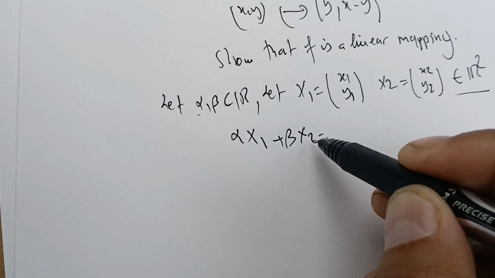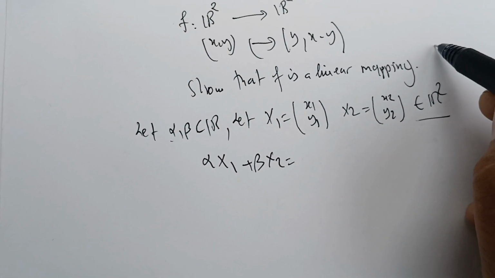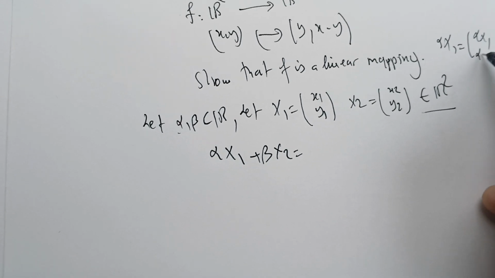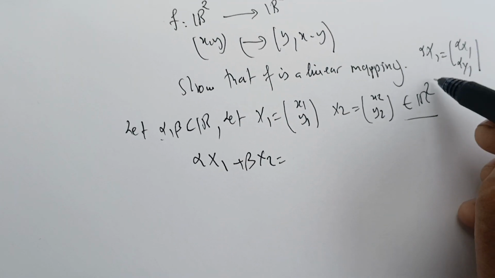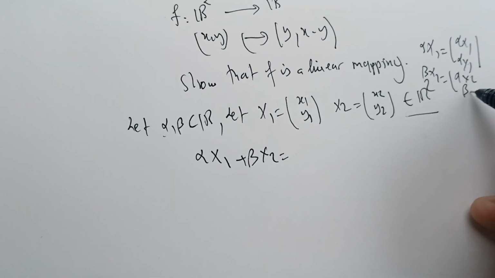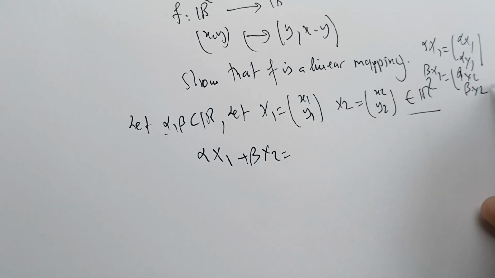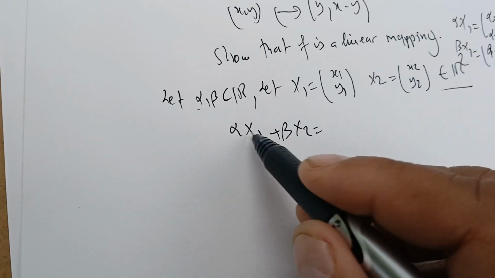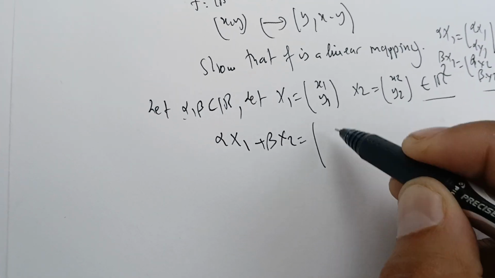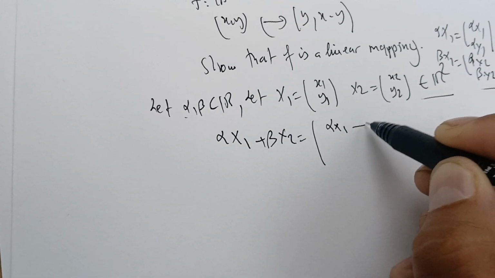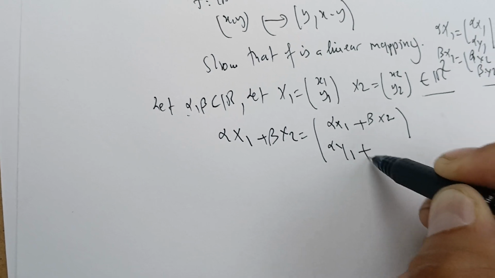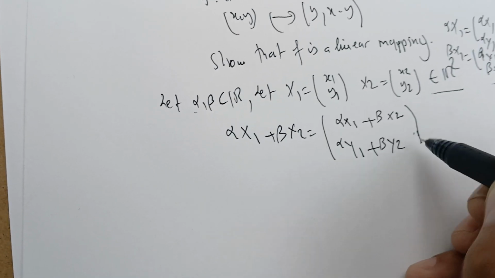Note that αx1 is just (αx1, αy1), and βx2 is (βx2, βy2). So here αx1 + βx2 is going to be (αx1 + βx2, αy1 + βy2).